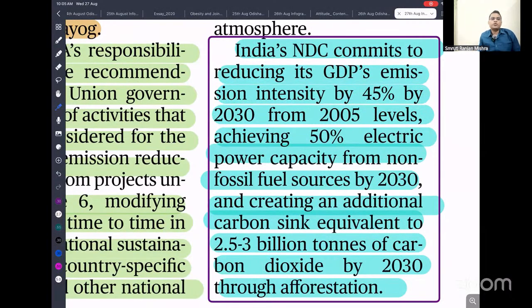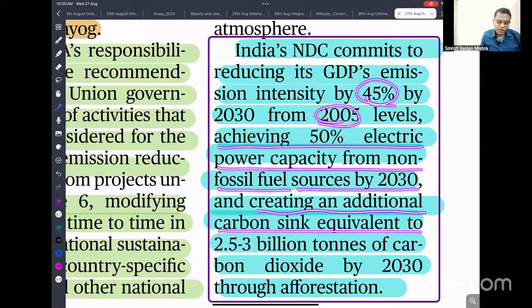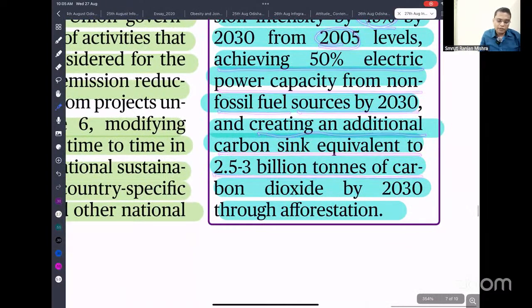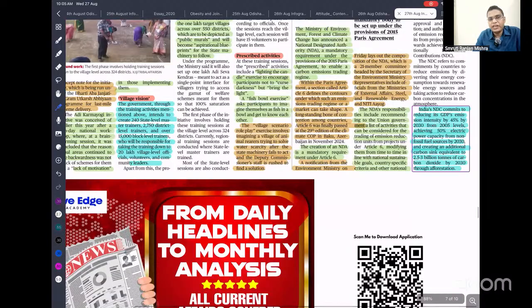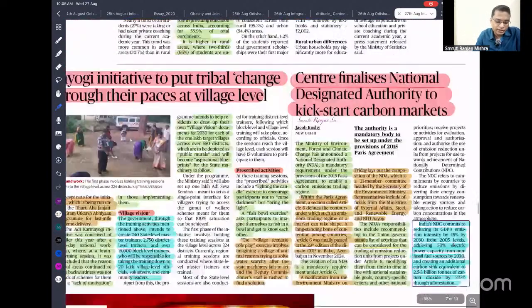We are going to reduce by 2030 from the 2005 level by 45%, and achieve 50% of electric power capacity from non-fossil fuel sources by 2030, creating tons of carbon credit by 2030. So these are a few objectives that we are going to achieve through the NDC. That is what our target is. Whatever I'm putting in the box is very important, you need to remember it by heart. You have to remember and write it in your examination.